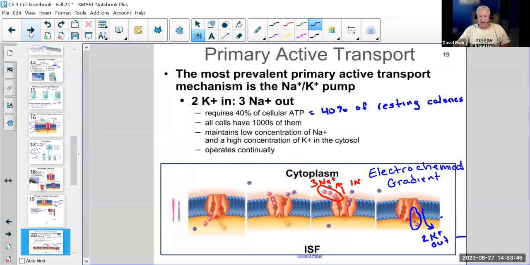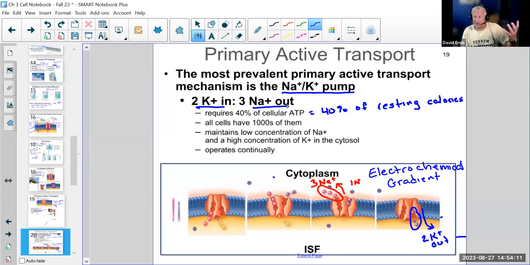The best example of this is the sodium potassium pump. You will see this ad nauseum when you get to the nerves, but this is how nerves work. And when I talked about the electrical chemical gradient in the sodium and potassium, this is what makes it. They pump 2 potassium ions into the cell, and then at the same time pump 3 sodiums out. That's an imbalance.